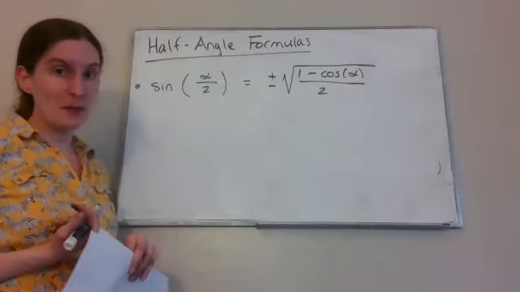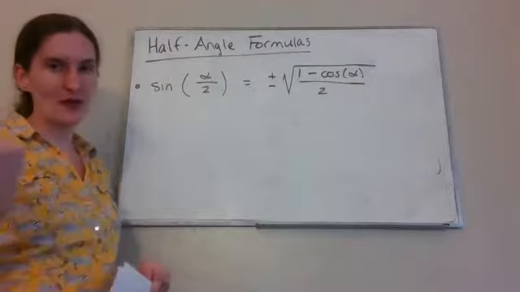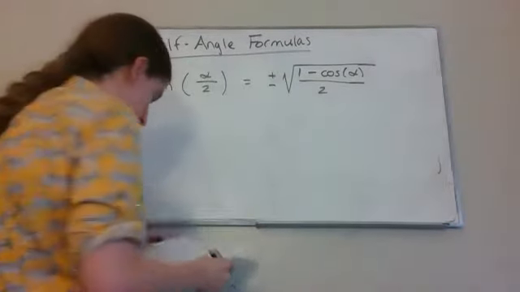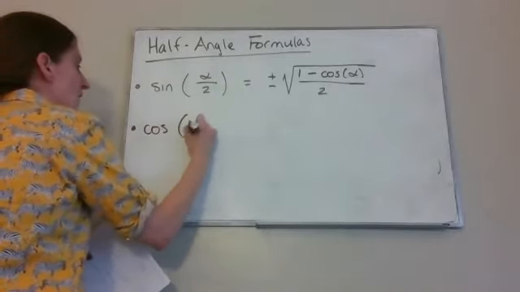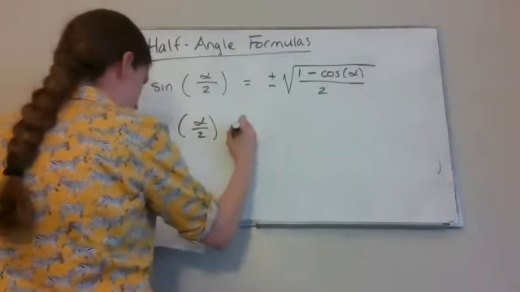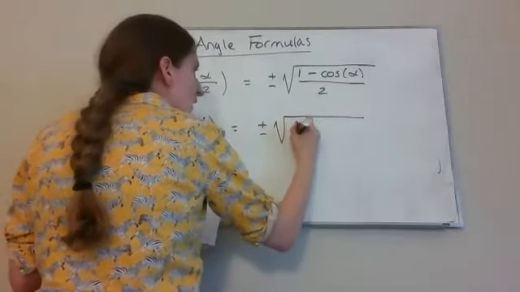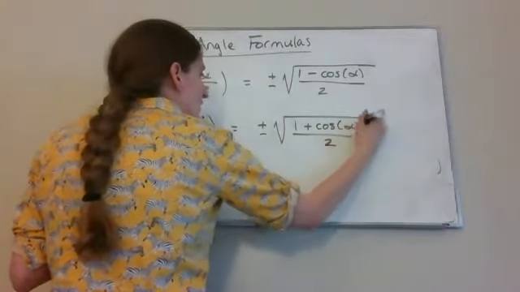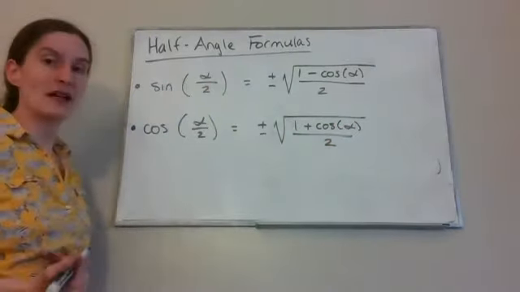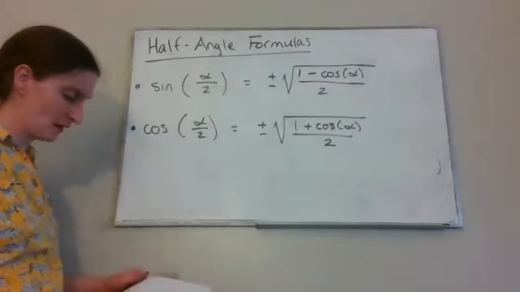If sine's supposed to be positive in that quadrant, you would use the positive root. If sine's supposed to be negative, you use the negative root. Cosine of alpha over 2 is plus or minus a square root of 1 plus cosine of alpha over 2. And again, the plus or minus is determined by which quadrant the angle alpha over 2 is in.